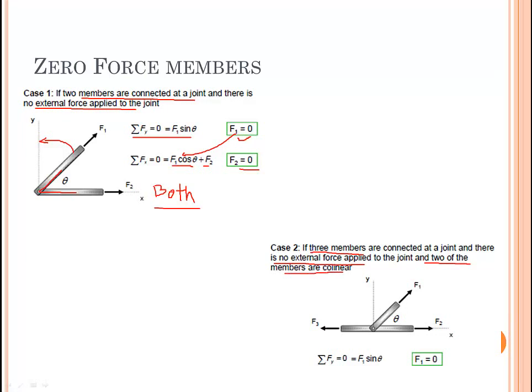If the members are not collinear, then we cannot say whether there are zero force members or not. But if two members are collinear, in this example this member and this member are collinear, then in that case the third member is a zero force member. So in this case not all but only one member is a zero force member.